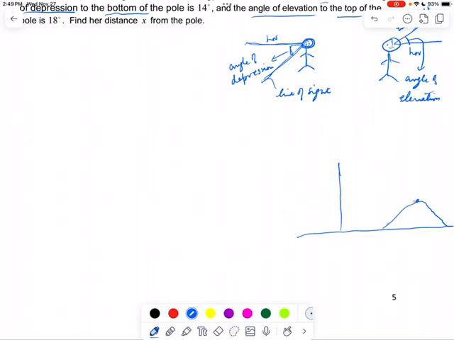When the woman looks down, we are not considering the height of the woman here, so we are just looking from the level of her eye. She's looking down here, so the angle of depression is this one. This is 14 degrees.